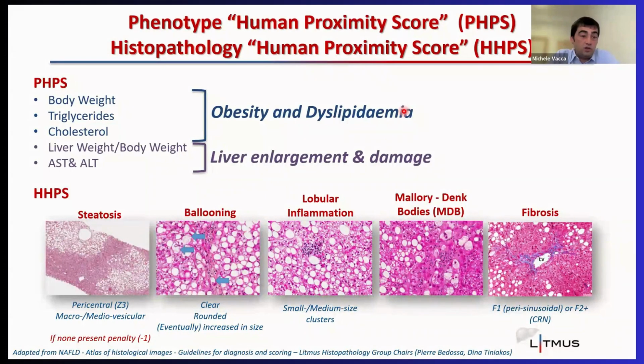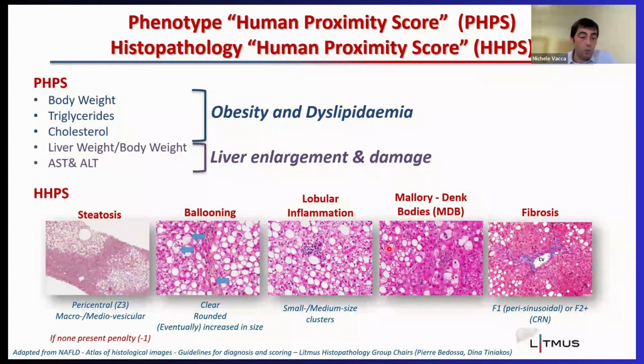With regards to histology, we still look to the canonical features of MASLD in humans, like steatosis, ballooning, lobular inflammation, Mallory bodies, and fibrosis. However, we don't use the human scores, but Pierre Bedossa and Dina Tiniakos developed an ad hoc scoring system that had as a purpose comparing the murine change in histology to what is expected in humans.